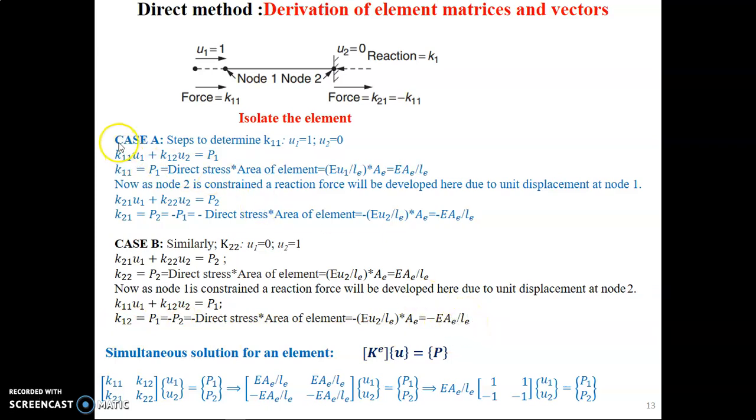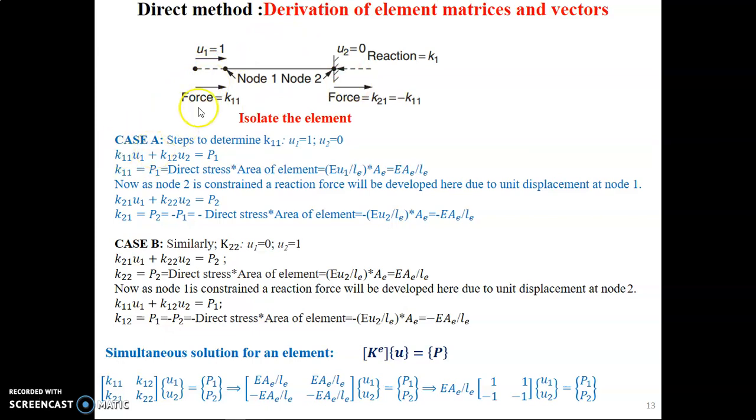So why are we discussing this as case A and case B? In case A, we are only referring to the force P1 acting at node 1, and we are rejecting the force P2. So we are using the superposition principle. We are studying the forces one by one.